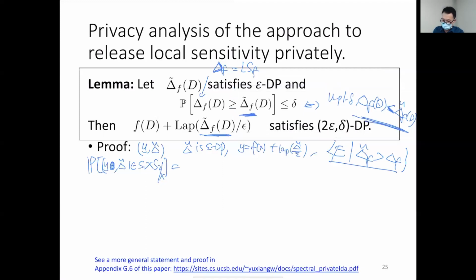Now notice that this event applies only to S2, so we can just intersect this with S2.